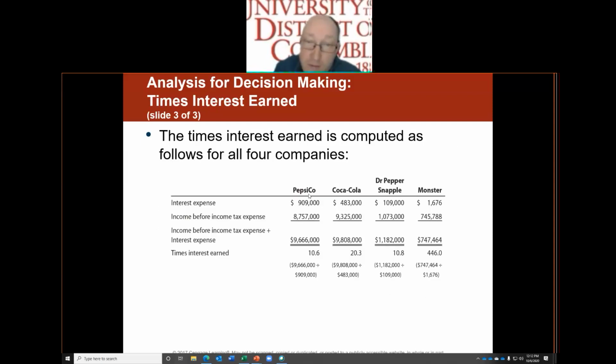If you follow that calculation, you take your income before income tax expense plus interest expense, divided by interest expense, gives you the ratio. As you can see, for all 4 of these companies, they are very favorable. They're above 1. So the chances are good that you'll receive your interest expense. This is just an example of how you would use that formula.